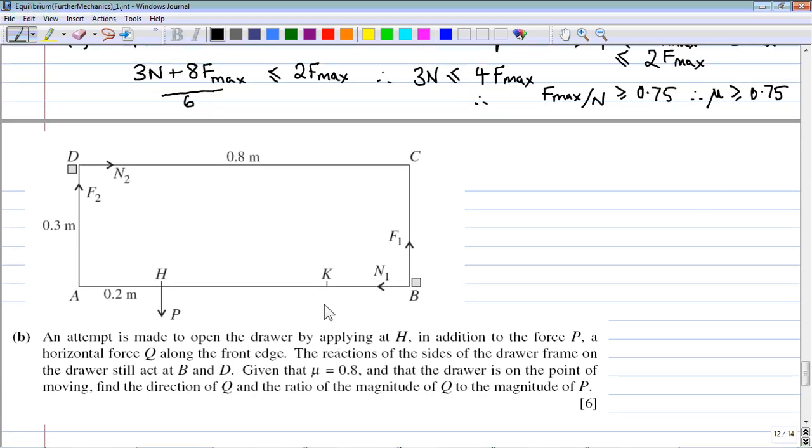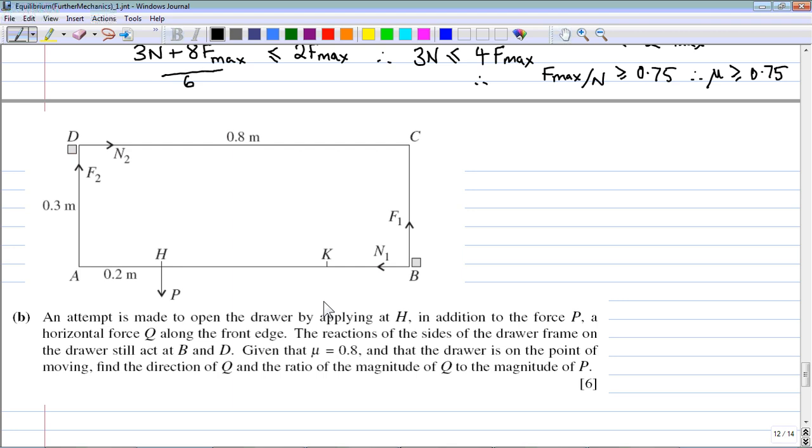But now, slightly more complicated question at the end here. Now an attempt is made to open the drawer by applying at H, in addition to the force P, a horizontal force Q along the front edge. Let me emphasize the direction along the front edge means AB. AB is the front edge. They probably should have written that.